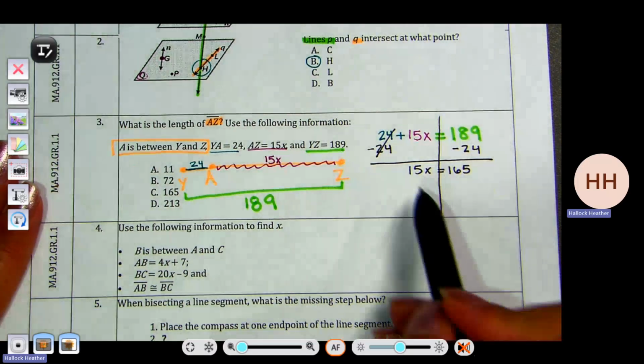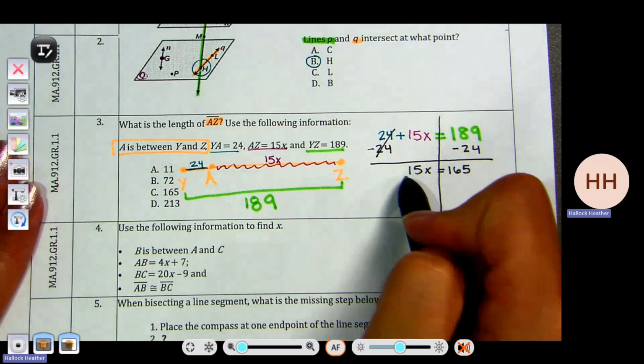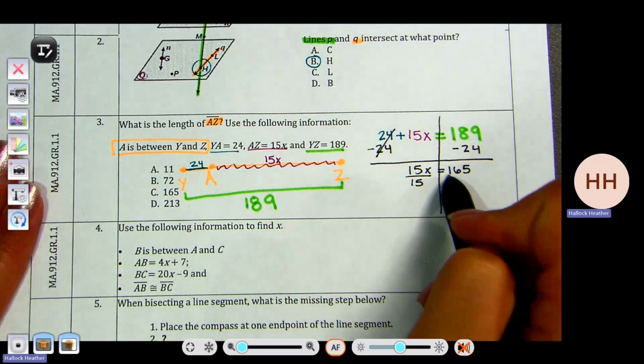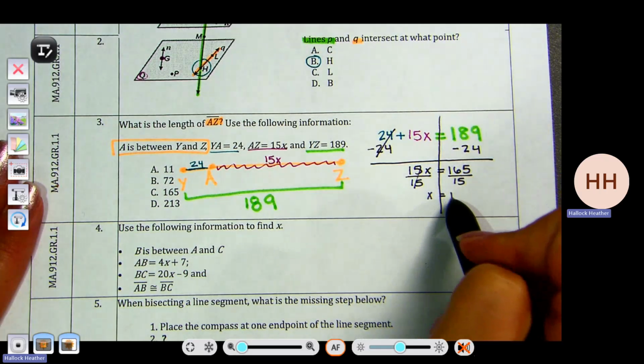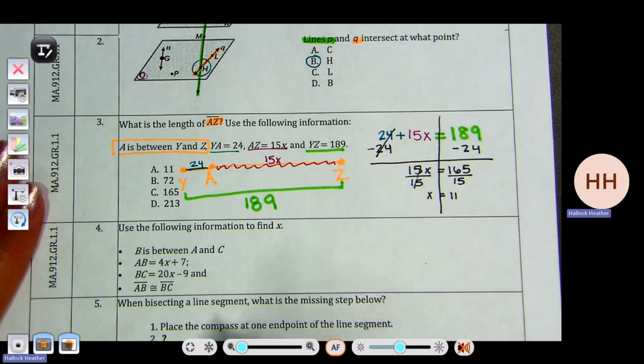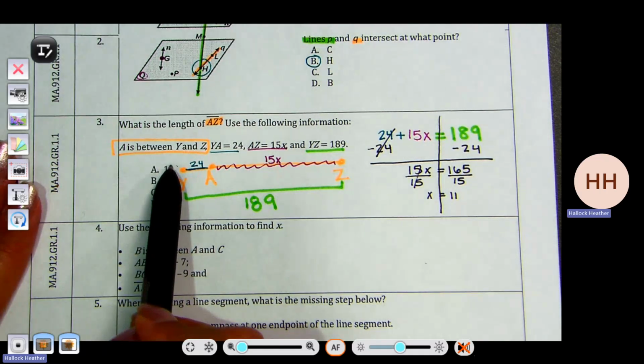The last step is division. I divide by 15, divide by 15. So X equals 11.